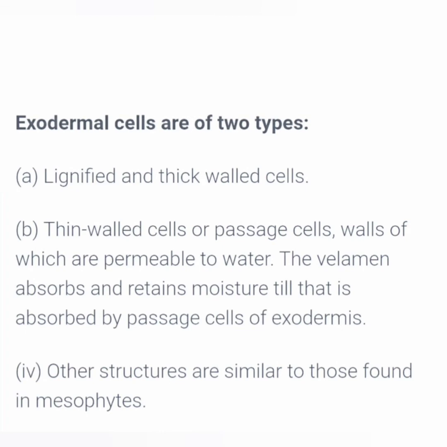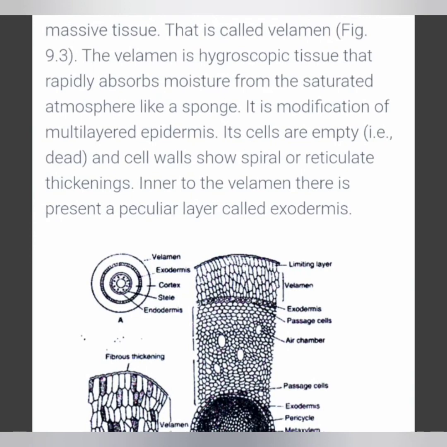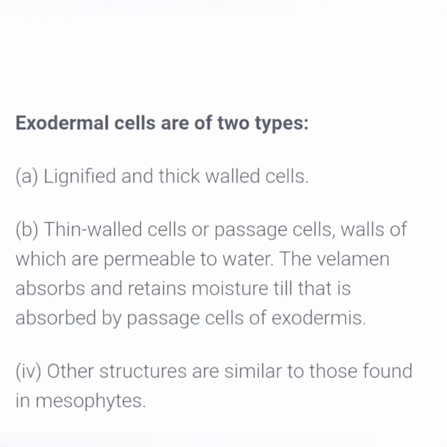So it can absorb water and retain the moisture with the help of the passage cells of the exodermis. So in this exodermis there are two types of cells. The first type is the lignified and thick walled cells, and the other type is the permeable cells, which are permeable to water.